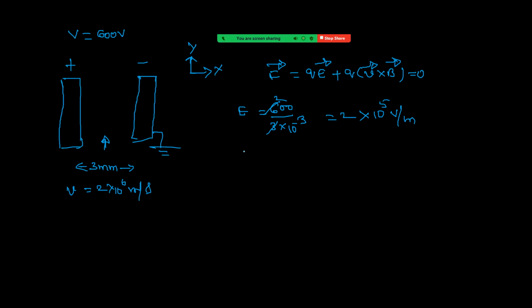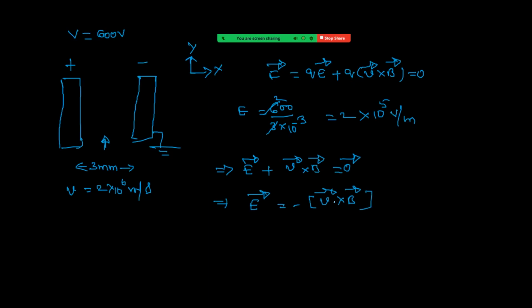That is the electric field. Now this being 0 means, since charge is not 0, E bar plus V bar cross B bar should be 0 bar. So from this I can write E bar is equal to negative of V bar cross B bar.